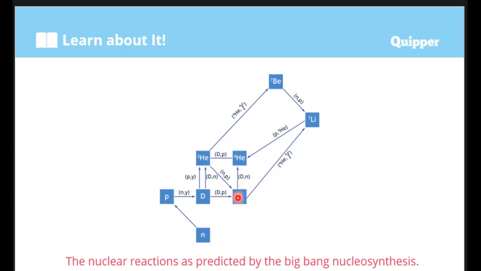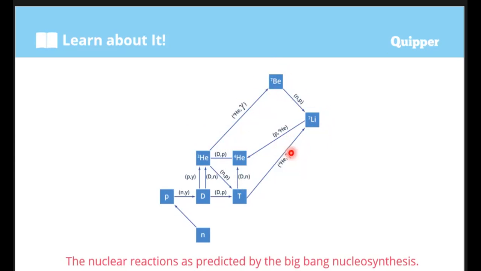But when this tritium is being added with a helium 4, it forms a lithium 7. When this helium 3 is added by a helium 4, it forms a beryllium 7. But this beryllium 7, when added by a proton, it forms a lithium 7.